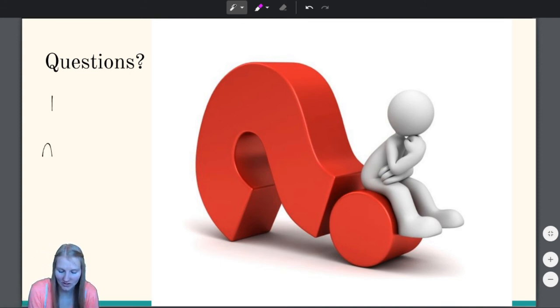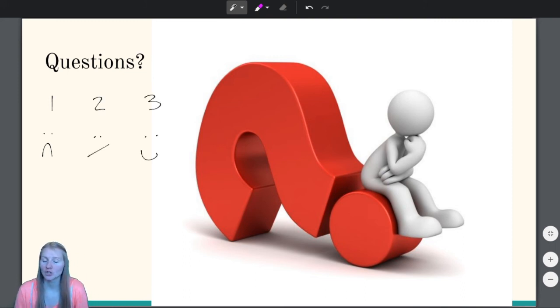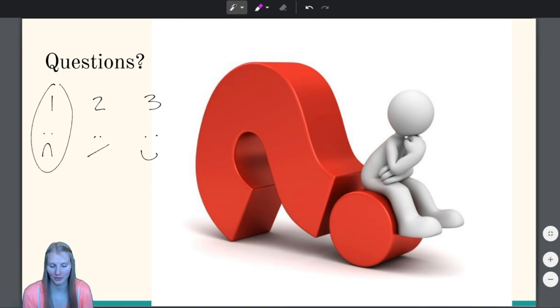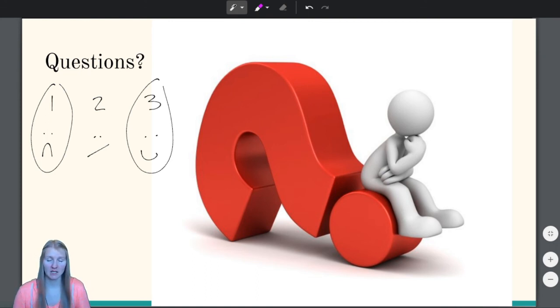It's time to assess your understanding of the learning target and the success criteria. So on a scale of 1 to 3, where 1 is no and 3 is oh yeah, where are you in understanding our learning target and success criteria? Do you know what elimination is?